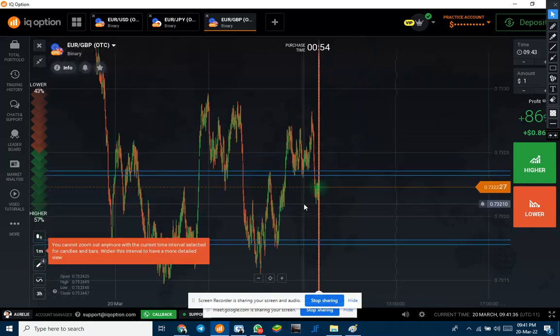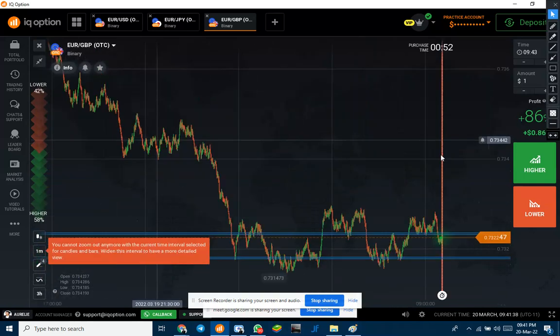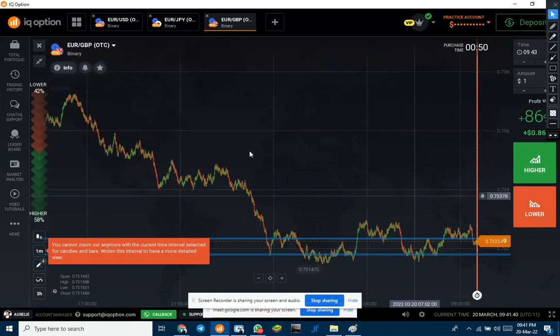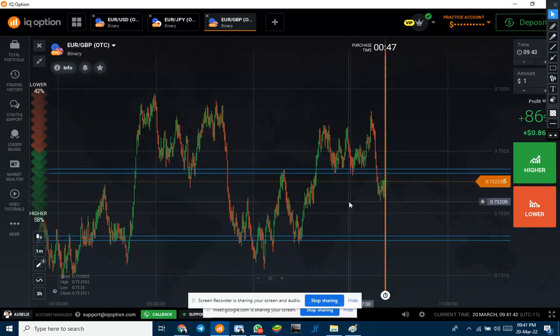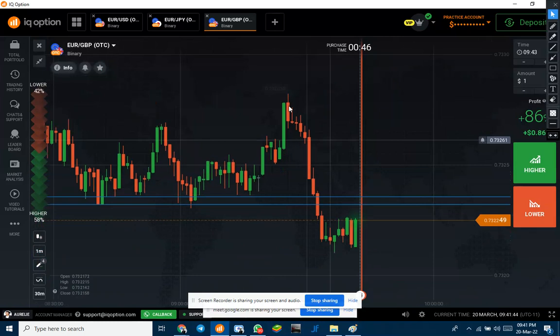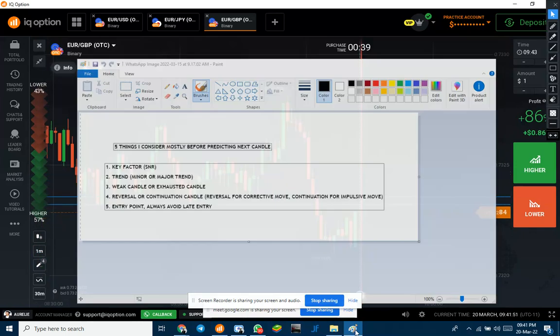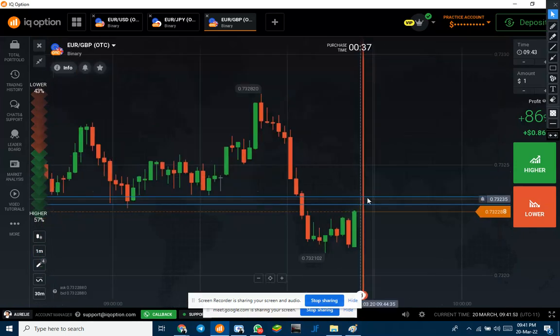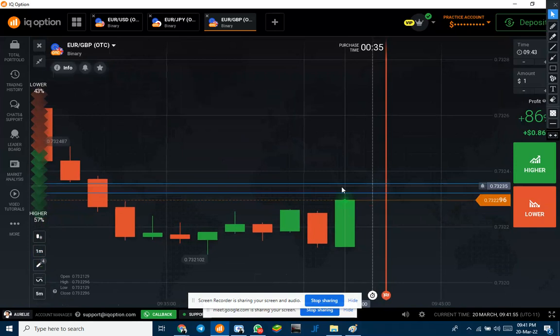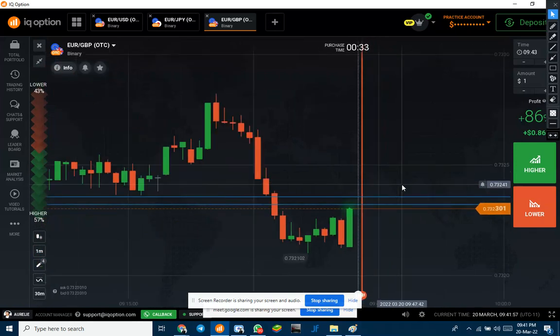That is the trend. In this case, the major trend is down. The minor trend also is down. What next? Weak candle and exhausted candle. So let's see how the candle will close around this area.